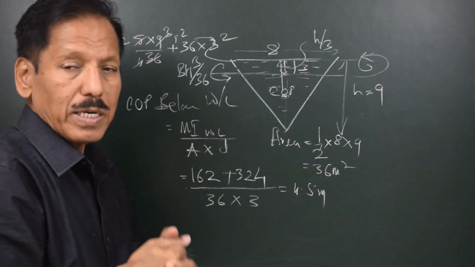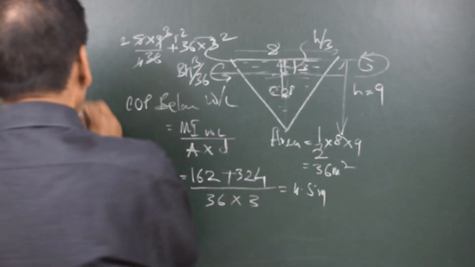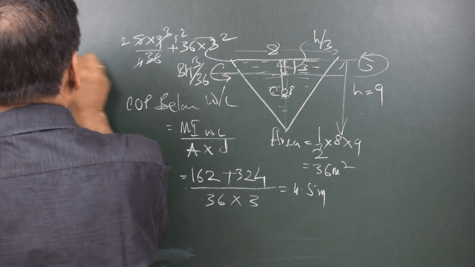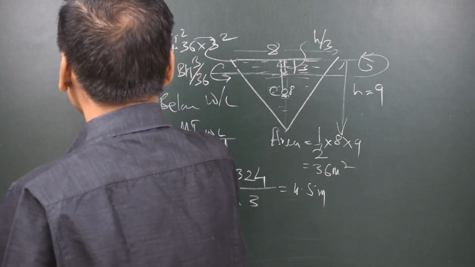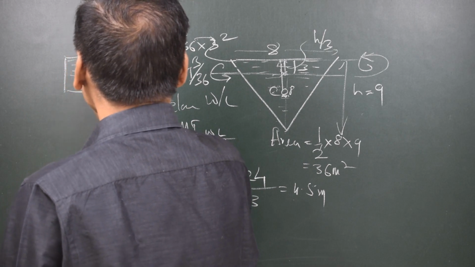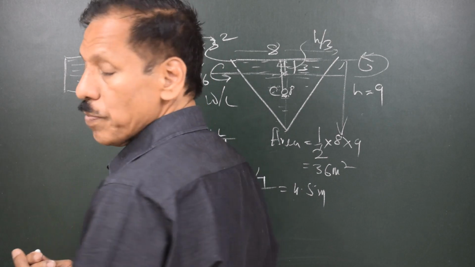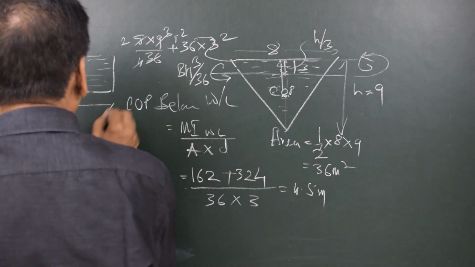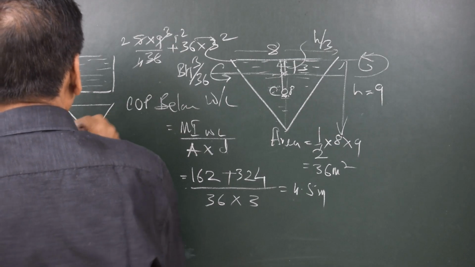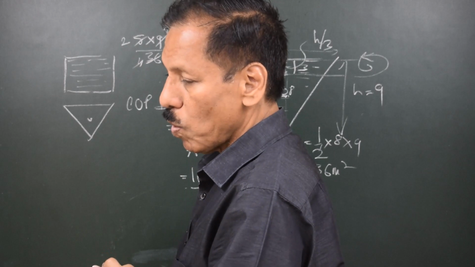So we may actually consider this to be a theorem: in case there is a rectangular bulkhead without sounding pipe, the center of pressure is 1/3 the height of water column from the base. Mind you, there is no sounding pipe. And in case we have a triangular bulkhead like this, the center of pressure is halfway the height from the water level.